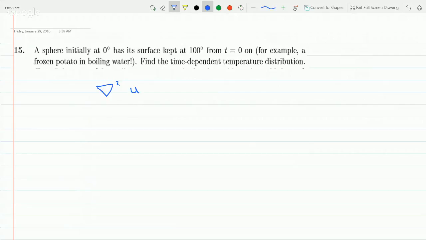The heat flow equation, del squared u is equal to (1 over a squared) du over dt.